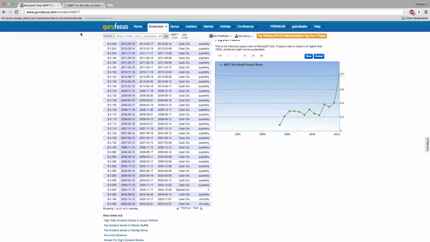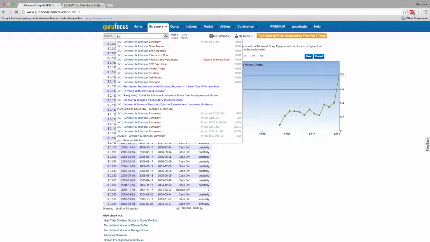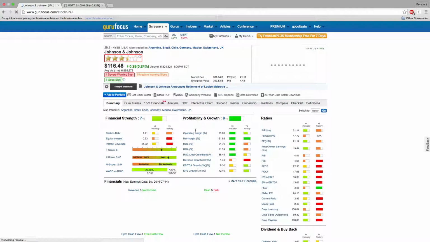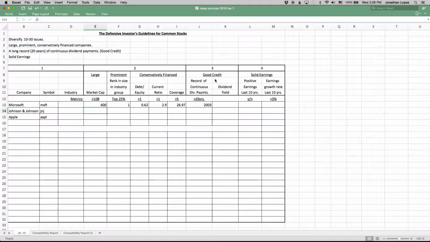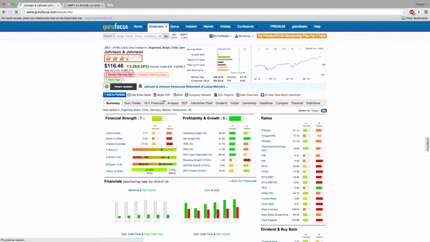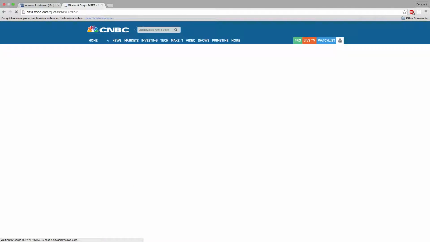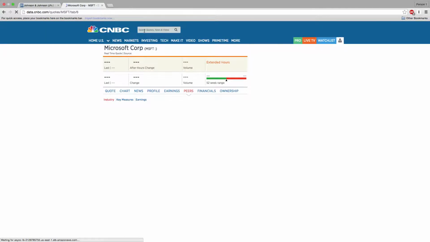What is their market cap? We'll put in their symbol, JNJ. They have a market cap of 320 billion. Rank in their industry, we'll go to CNBC, put in the symbol JNJ. A little bit slow.